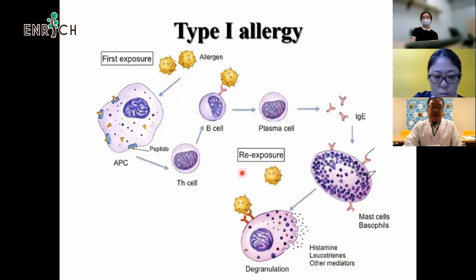At the second step, re-entry of allergen into our body binds to the IgEs. After that, histamine granules are released, and also leukotriene synthesis begins. These chemical mediators induce allergic reaction in our body.